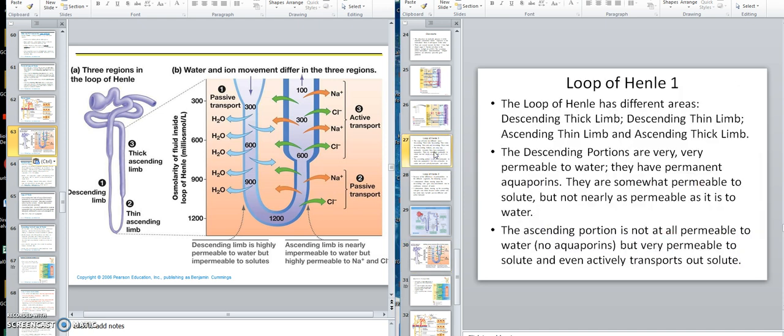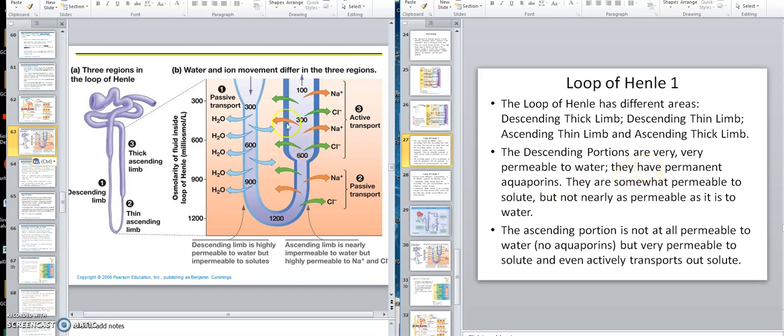All right, so the loop of Henle has different areas, which we just named. The descending portions are very, very permeable to water. See, it's a lot of water you filtrate and it's coming out. They have those aquaporins. Remember the water pores we mentioned, transmembrane integral proteins.